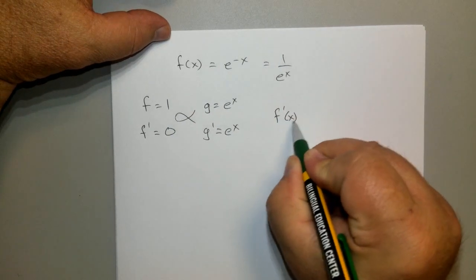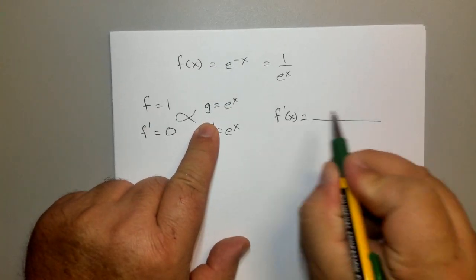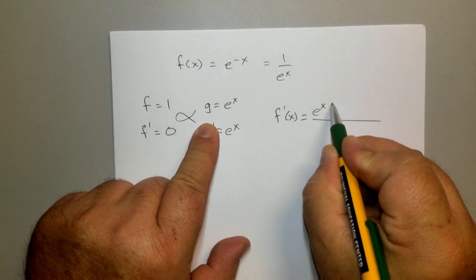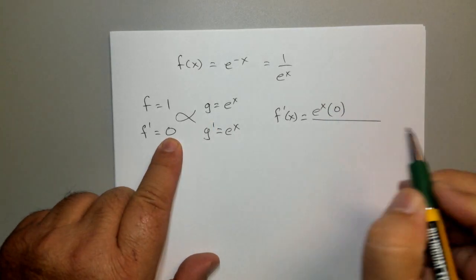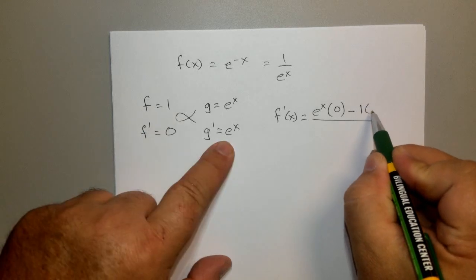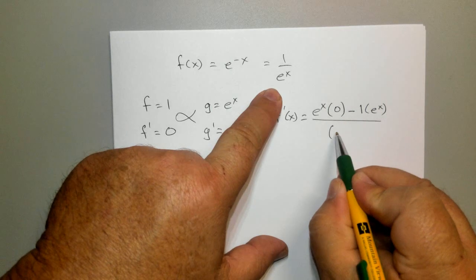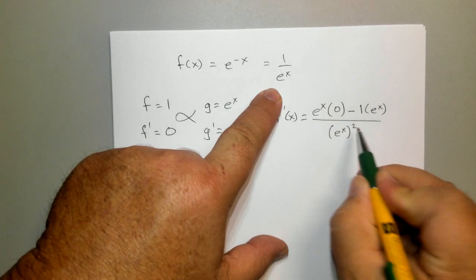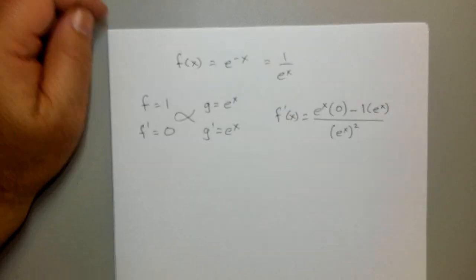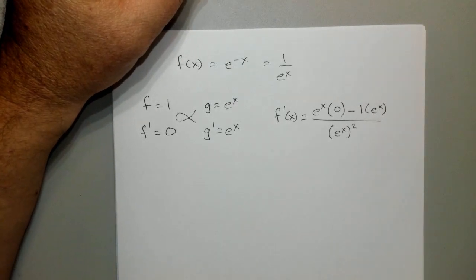So the derivative of our function is g, which is e to the power x, times 0, minus 1 times e to the power x, over the denominator squared. So far so good?